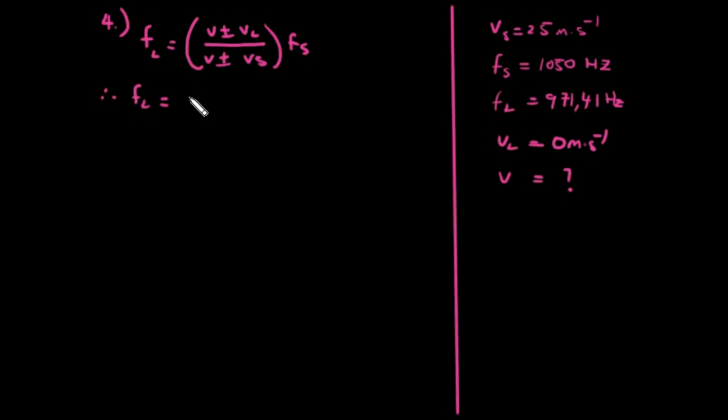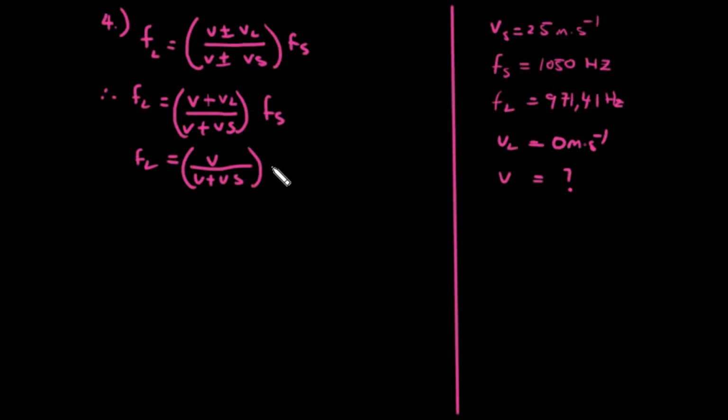FL is equal to V plus VL all over V plus VS, times Fs. Now we know that VL was 0, so we can write that in there: V, because it's 0, all over V plus Vs, times Fs.